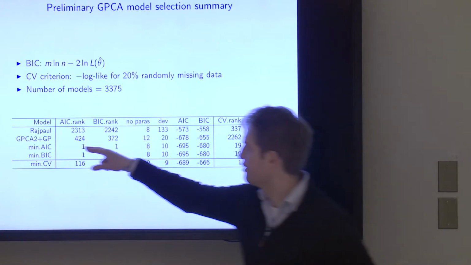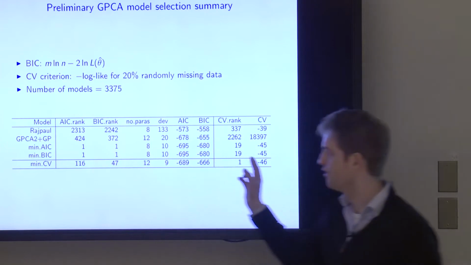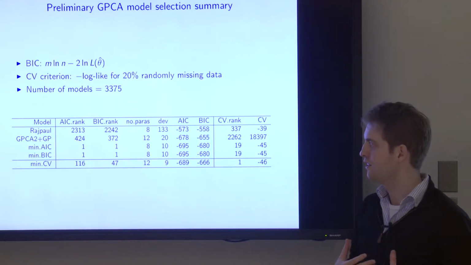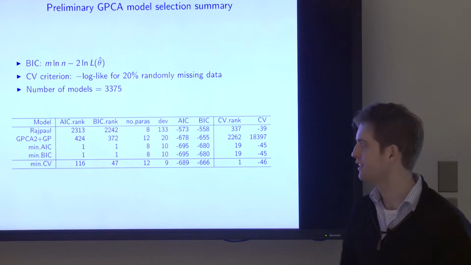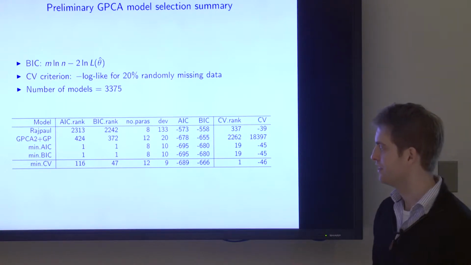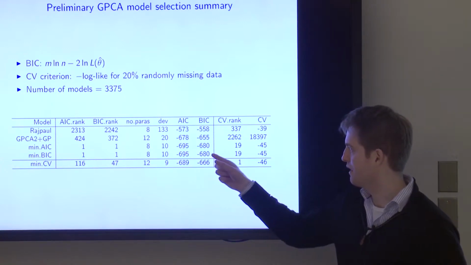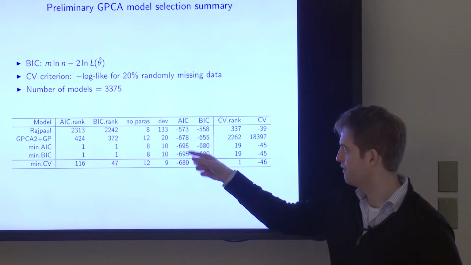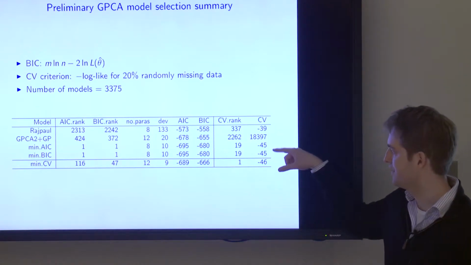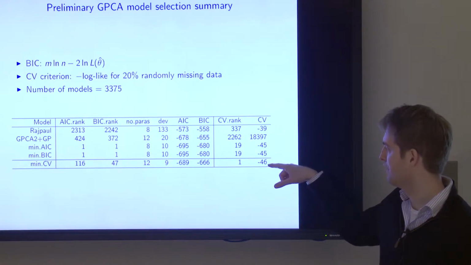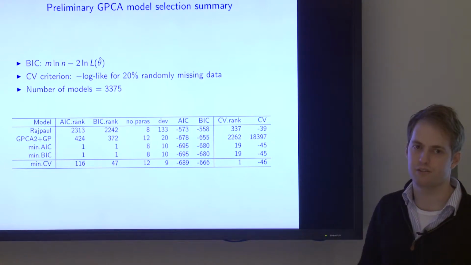Then there's some other model we tried in the second row of the table, and the third and fourth rows are the best models according to these criteria, AIC and BIC. I'm focusing on the BIC. You see the AIC and BIC values are smallest for these two models, and the optimal value for cross-validation is -46, and these two got -45, so close to it.